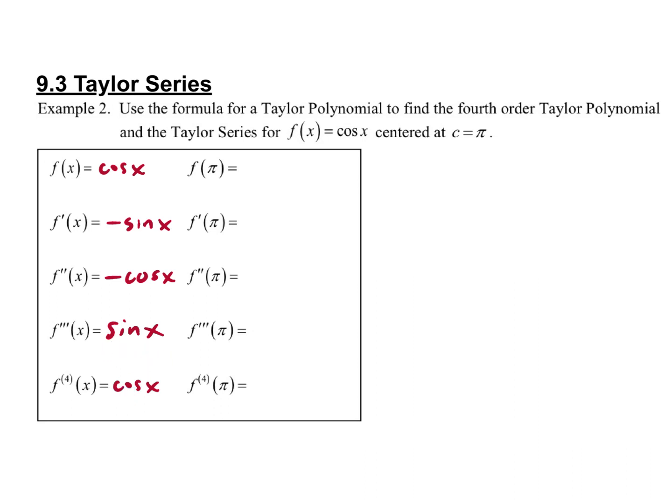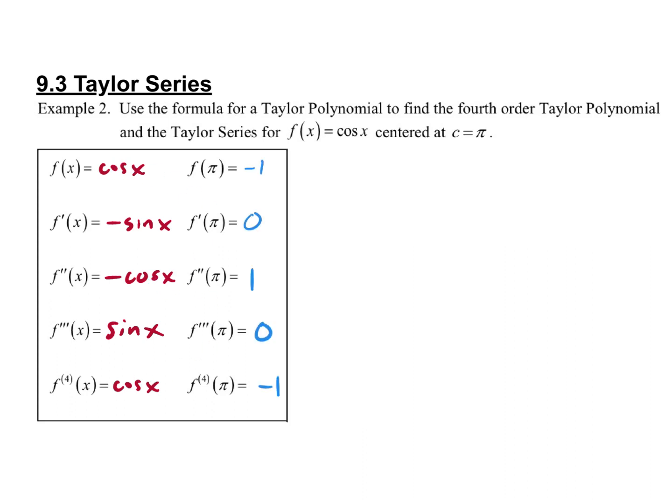When I evaluate at pi, this is going to be what? Negative 1. When I evaluate this at pi, 0. So these ones are going to be 0. Those are easy ones. And then once I have negative 1, 1, negative 1.